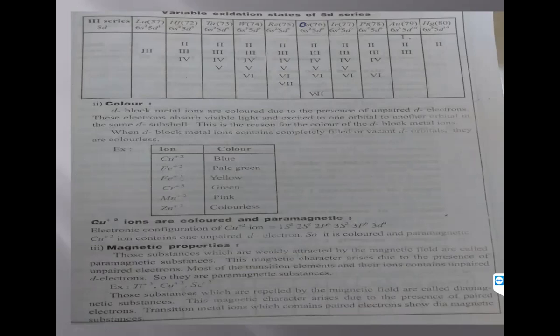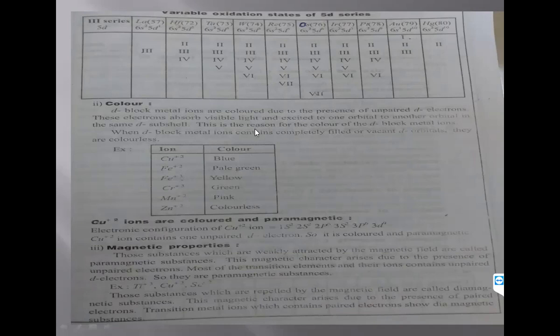Definitely the substance has no unpaired electrons in it. Substances which do not have unpaired electrons are repelled by the external magnetic field, so they are called diamagnetic substances.